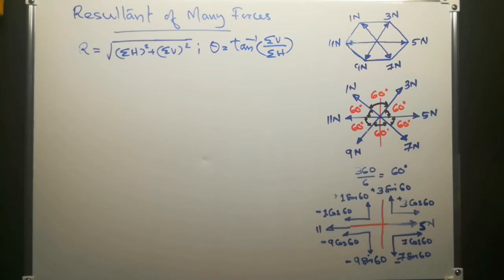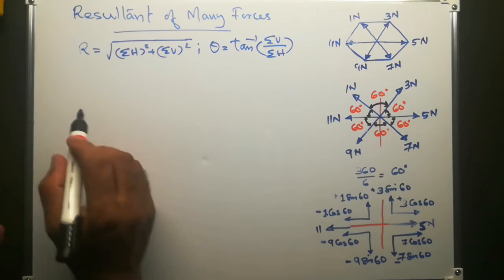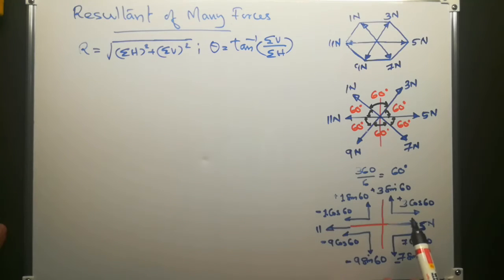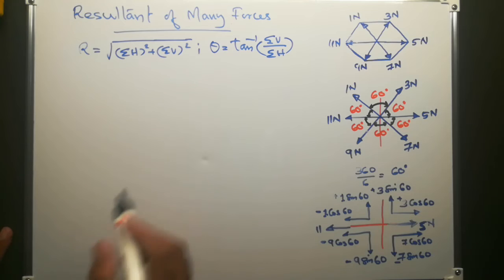Now we will find the value of sigma H. Sigma H is the algebraic sum of all the horizontal components of the forces. We have 5 Newton, 3 cos 60, minus 1 cos 60, minus 9 cos 60, plus 7 cos 60. These are the horizontal components.